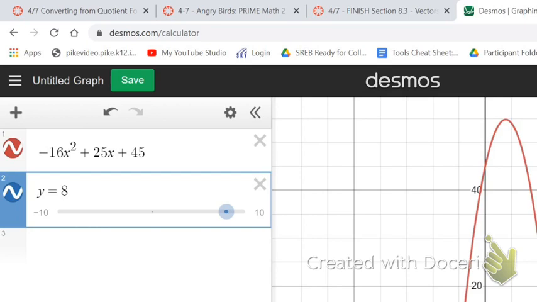Can't negatively hit it, right? Because what does our T mean here? Time. You can't have hit it at negative time. Could I hit it here? Yes, at 2.29, about 2.5 seconds is where it would hit a piggy that was 8 feet off the ground.